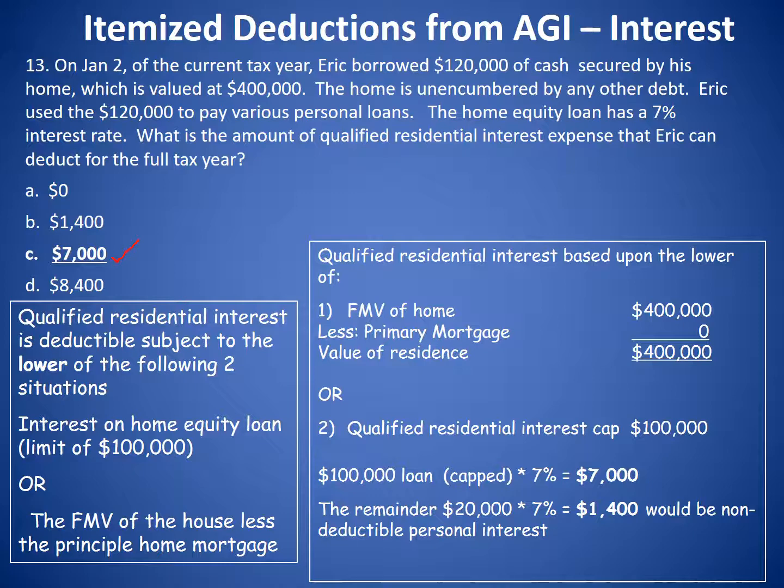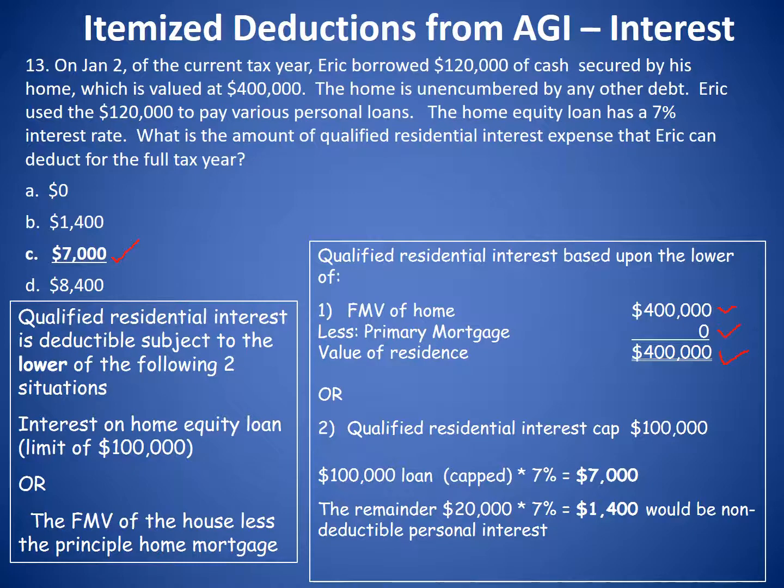Qualified residential interest is based upon the lower of the fair market value of the home less the primary mortgage, so the amount would be 7% of $400,000. However, it's the lower of the two.